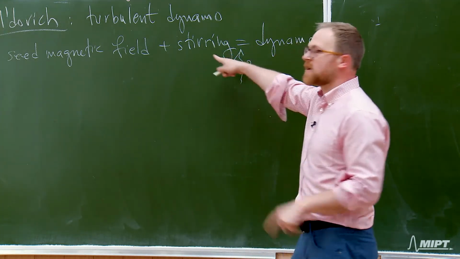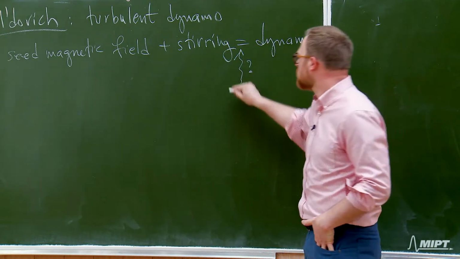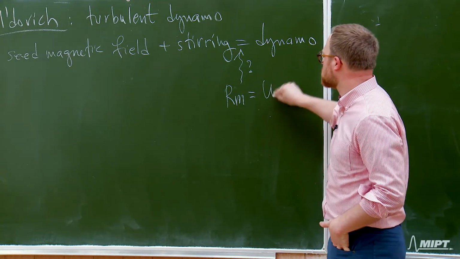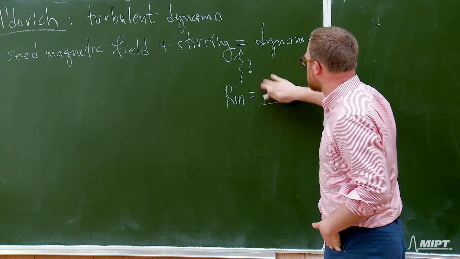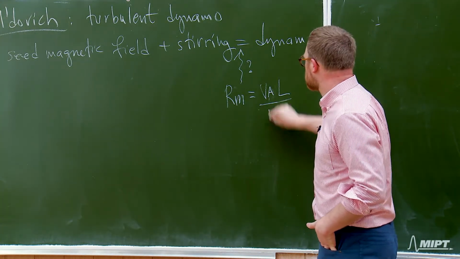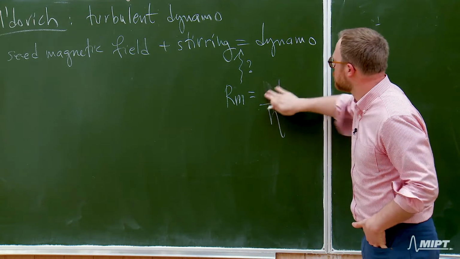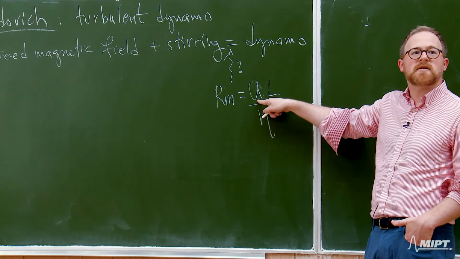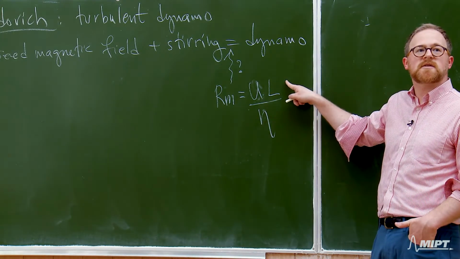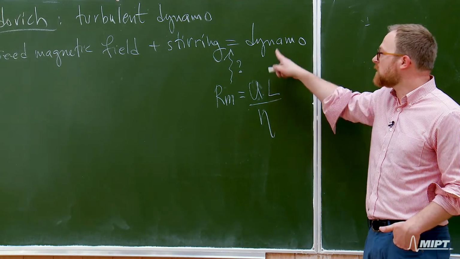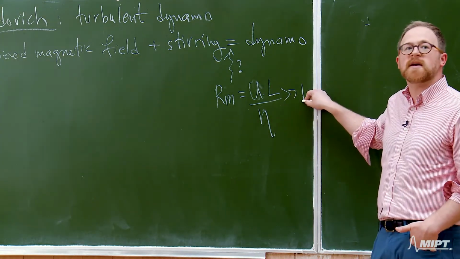So some of the questions that go into whether it actually equals a dynamo have to do with something called the magnetic Reynolds number, which I mentioned earlier. It's a measure of the motions that you're stirring, the length scales on which you're stirring them, and then the resistivity. Generally, if you want a dynamo, this needs to be big.